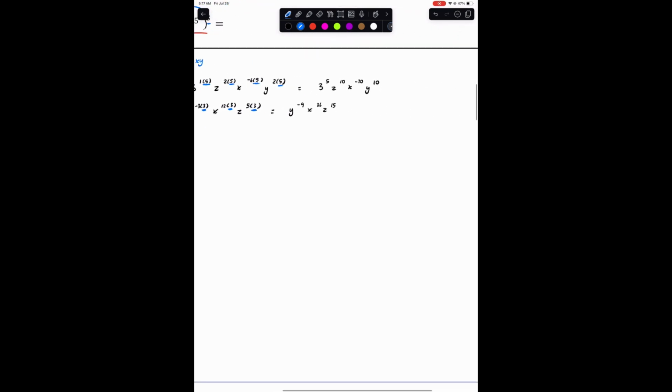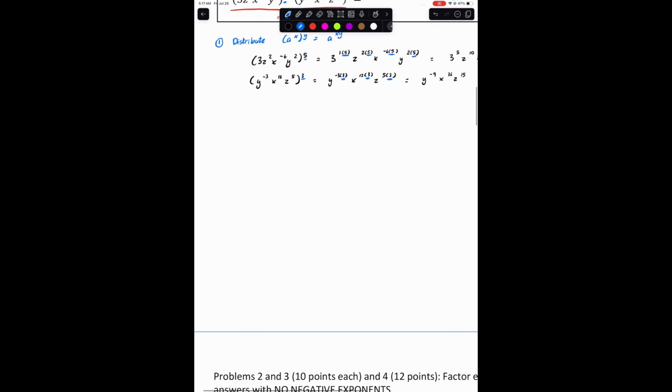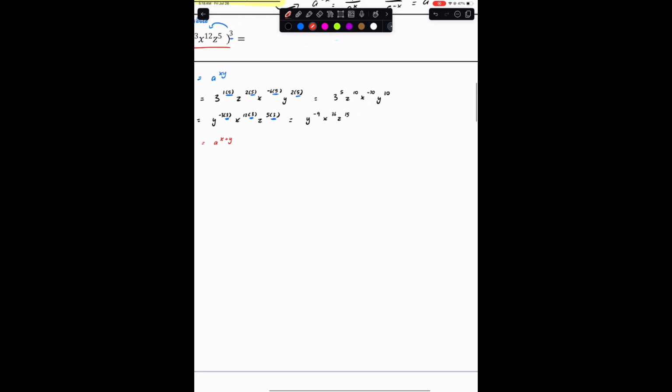Now that I have my two simplified terms, I need to multiply them together. For the multiplication law, remember that I need two of the same base, because a to the power x times a to the power y equals a to the power x plus y. So I need to multiply the same bases by each other.